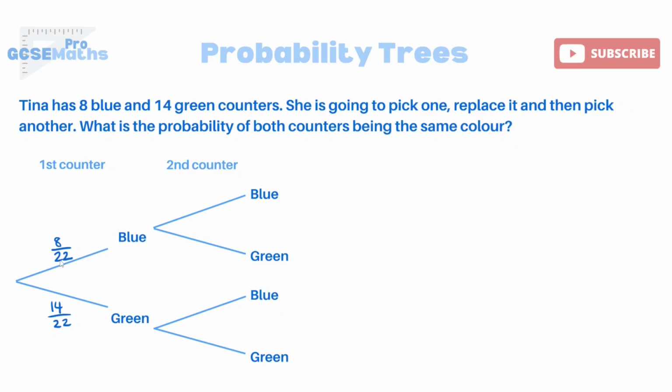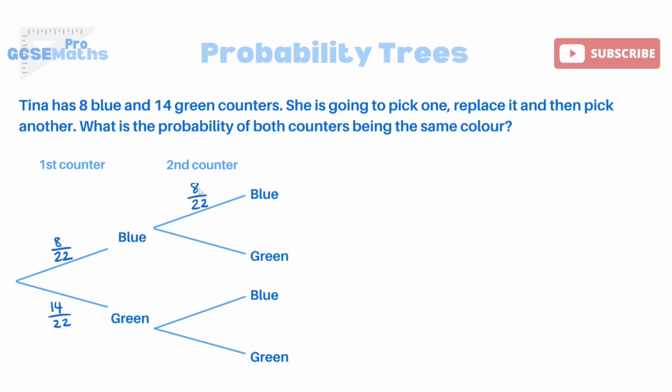Now, the thing for the second counter though depends. Have they picked a counter and put it back before they pick again, or have they kept it? In this case, it's quite obvious. You see how it says she's going to pick one, replace it, so put it back, then pick another. So if I pick a blue one, I pick it from the pile or the bag or whatever it is, I put it back, and then I'm going to pick again. That means I still have the same chances of getting blue, don't I?